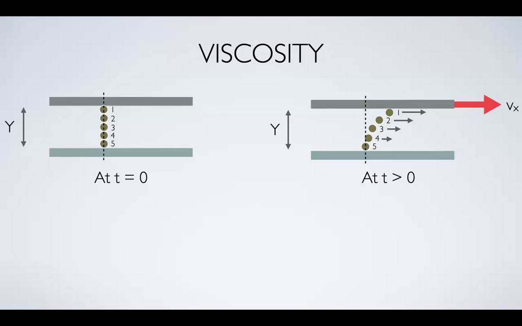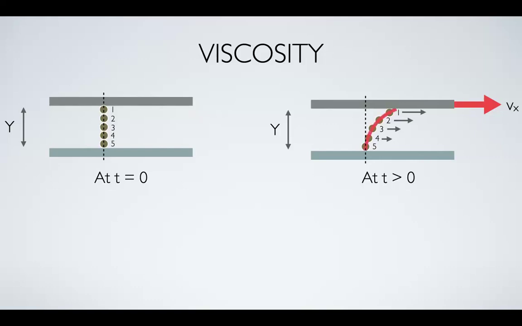And number 1 here is going to drag molecule number 2, and number 2 is going to drag along and so on to number 5, okay? You can see by the length of the arrow representing the velocity as well. So the longer the arrow, it means that the velocity is higher compared to the shorter one, all right?